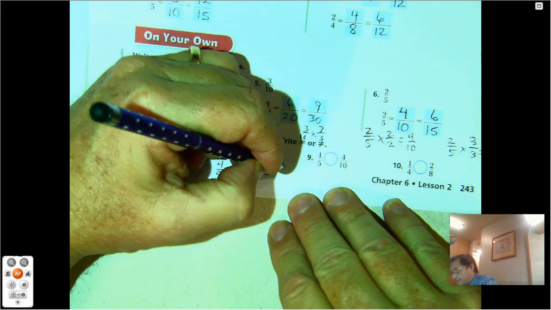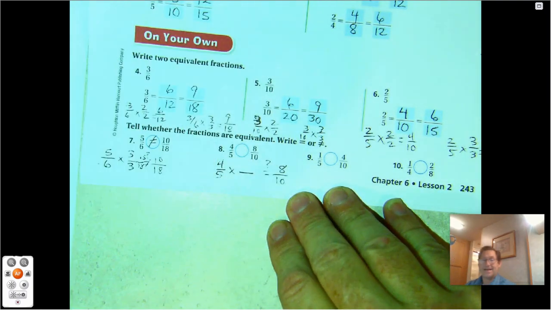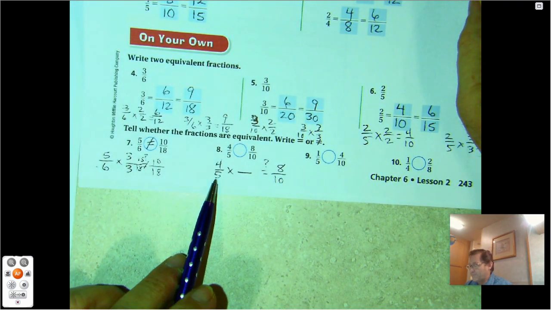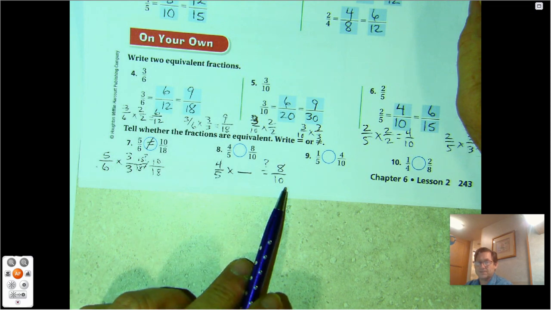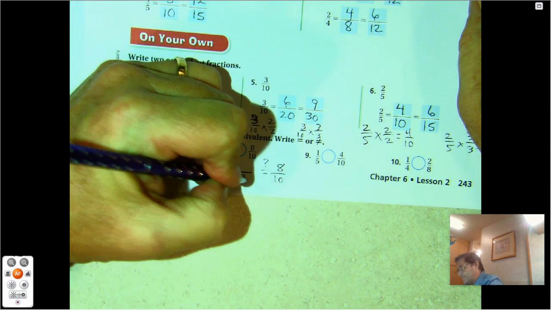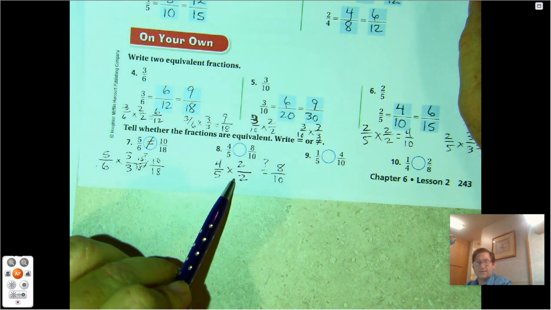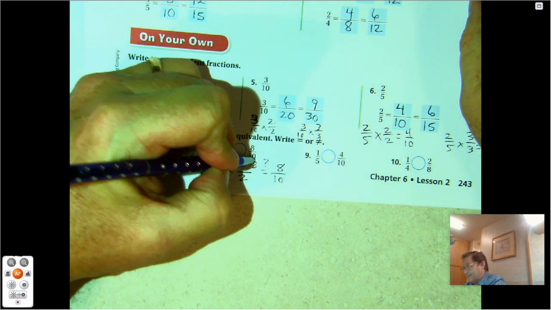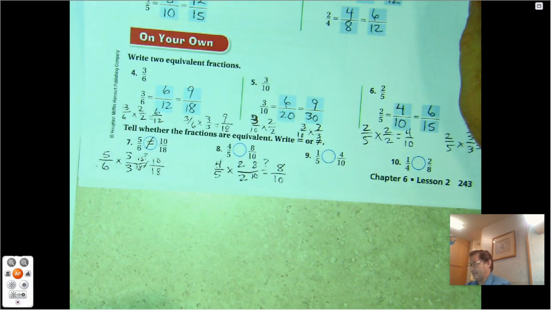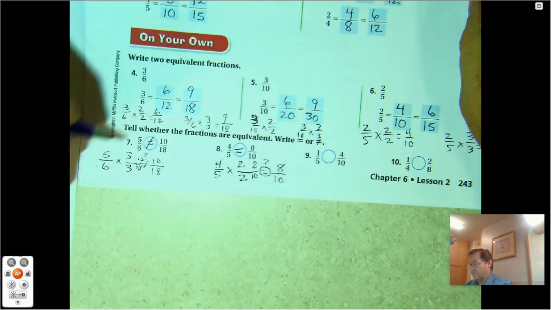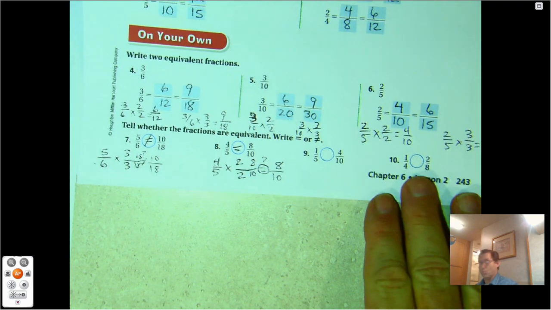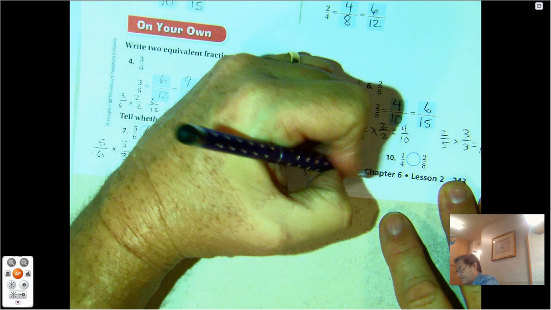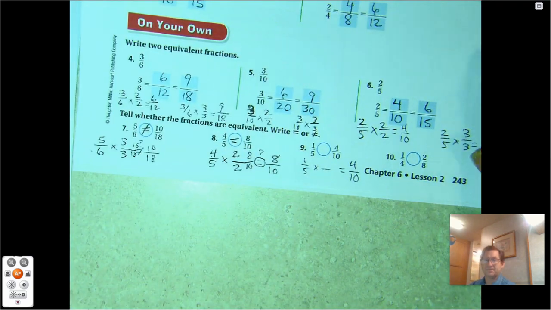4/5 times something, does it equal 8/10? Let's look at the denominator. How can I go from 5 parts to 10 equal parts? By multiplying by 2. So I also have to multiply the numerator by 2. Is 4 times 2 8/10? Yes, it is. So this is equal. 1/5 times some fraction to get 4/10.